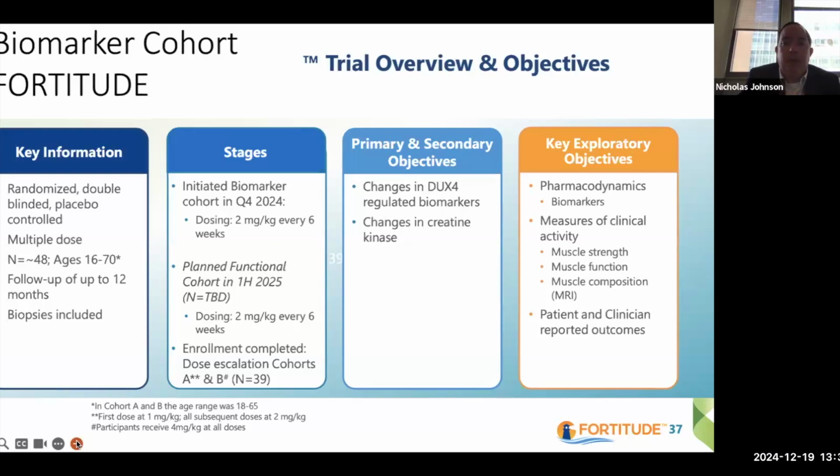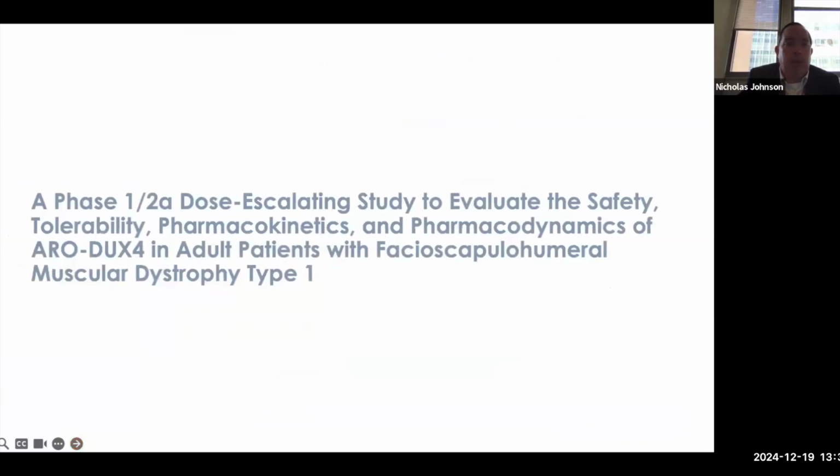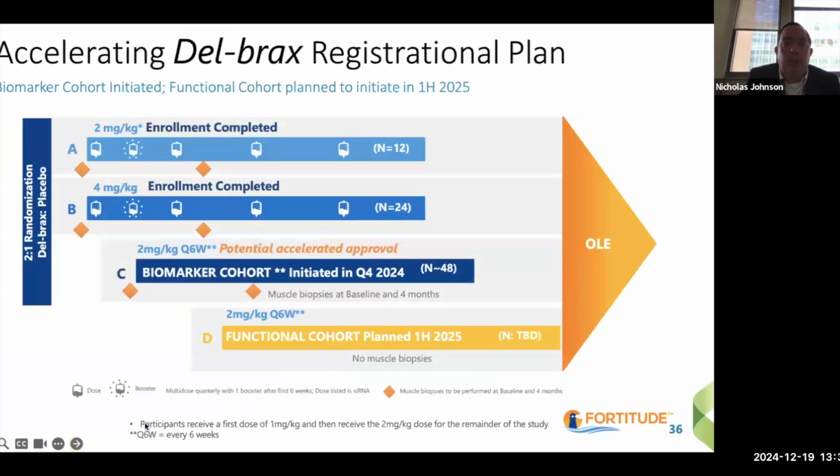And the same key exploratory objectives: the biomarkers, measures of clinical activity, and then patient and clinician reported outcomes. And so right now, this is kind of where they're at with this 2 mg per kilogram dose. And I think there's still a plan to have a future cohort. I think that the timing is to be determined.